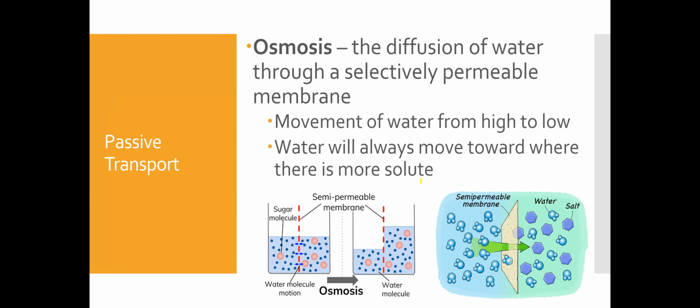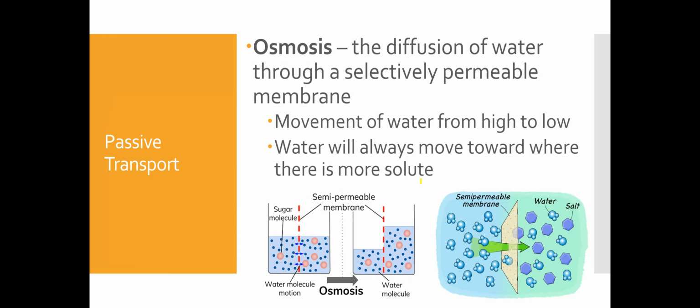And then we have osmosis. Now, osmosis technically is the movement of water or the diffusion of water across a membrane. We mentioned earlier that water movement does involve a protein, so this is also kind of an example of facilitated diffusion. But the thing with osmosis is water is always going to move, okay?